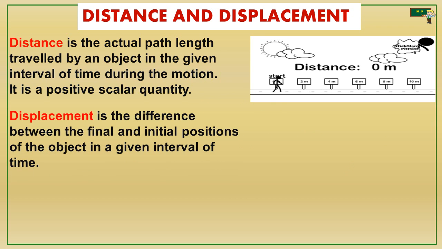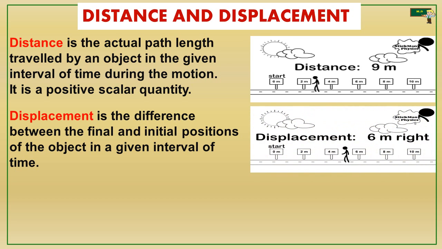Then displacement: there is a difference between distance and displacement. Displacement is the difference between the final and initial position of the object in a given interval of time. If you watch this video or GIF file, you can see the person starts from 0 meter and ends at the 6th meter.